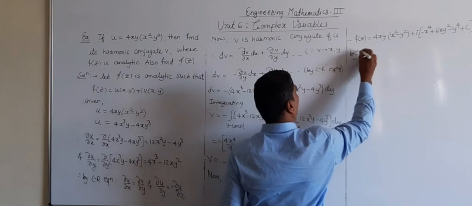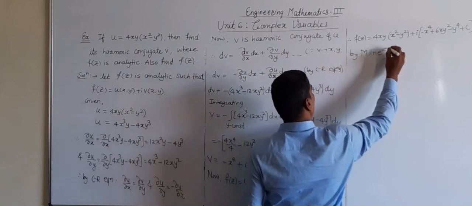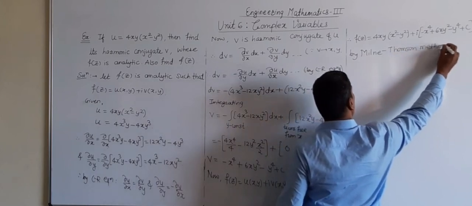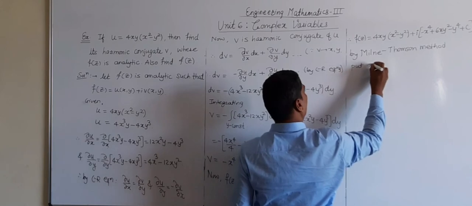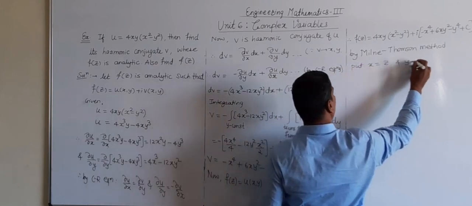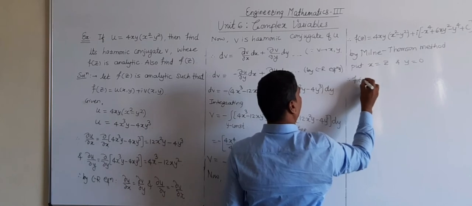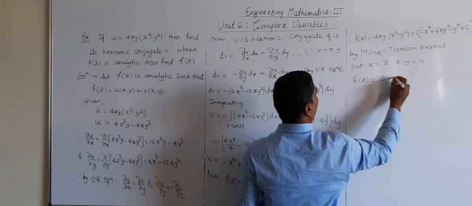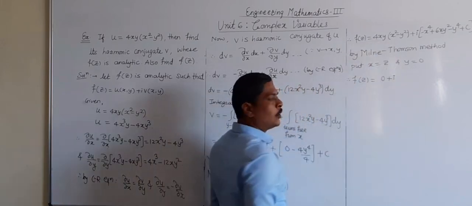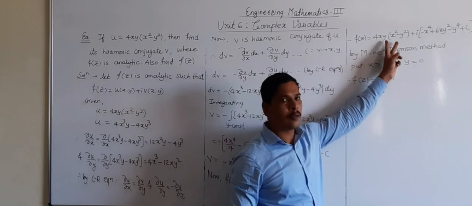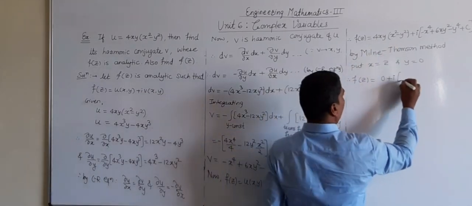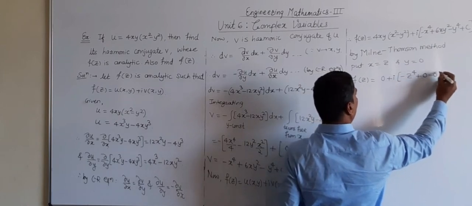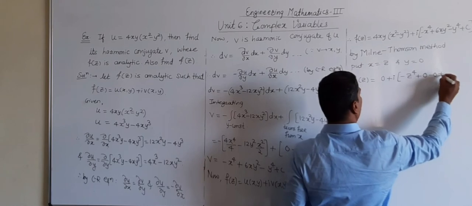And now by Milne-Thomson method, put x is equal to z and y is equal to 0, and therefore f of z is equal to, first term becomes 0 plus i, because y is multiplied to the whole term, so replace y by 0, this first term becomes 0, plus i into bracket minus z raised to 4, plus second term is 0, next term is also 0, plus constant c as it is.